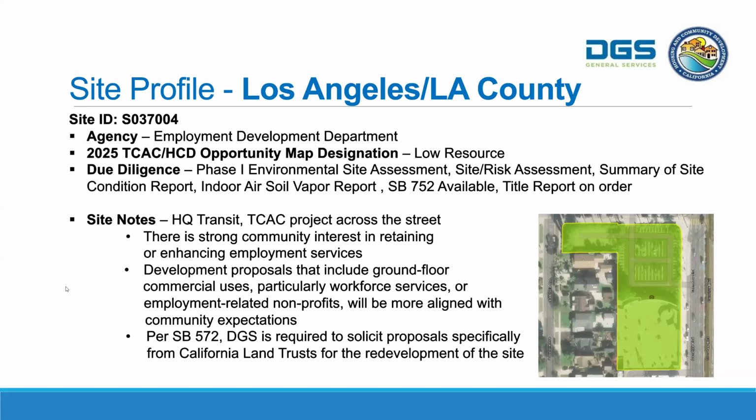So development proposals that include ground floor commercial uses, particularly workforce services or employment-related nonprofits, will, based on our best estimation, be more aligned with community expectations. Of course, we can't speak on behalf of the community here, but that is our understanding of the genesis of SB 572, and the desire of the local community is to have some sort of employment-related use mixed with housing here. Next slide, please.